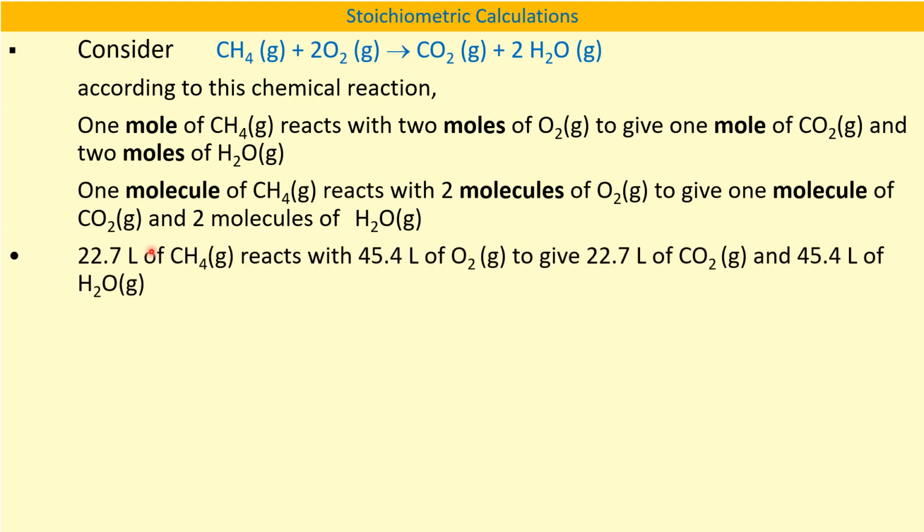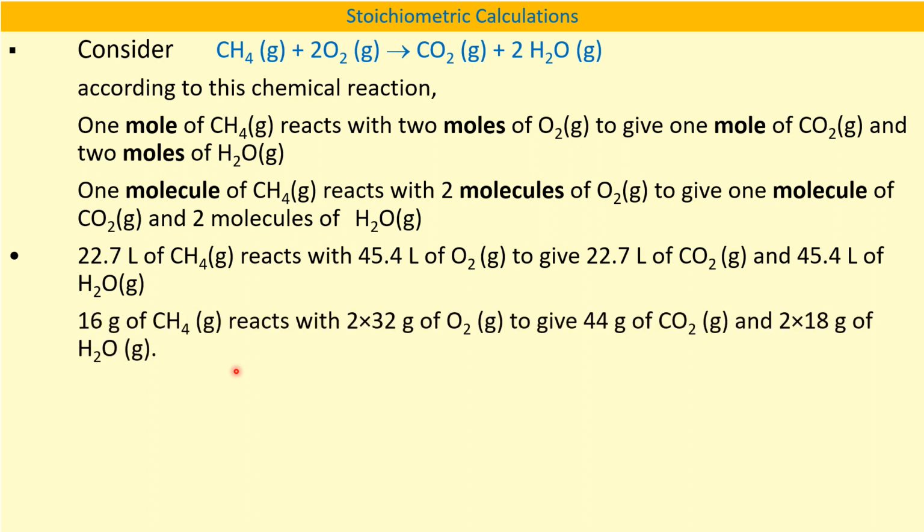That is, we can write it as 22.7 liters of methane reacts with 45.4 liters of oxygen to give 22.7 liters of carbon dioxide and 45.4 liters of H2O gas. 16 grams of methane reacts with 2 into 32 grams of oxygen to give 44 grams of carbon dioxide and 2 into 18 grams of water.